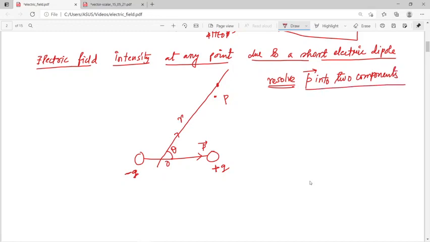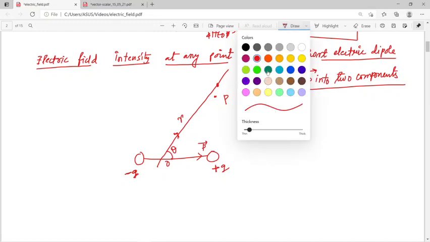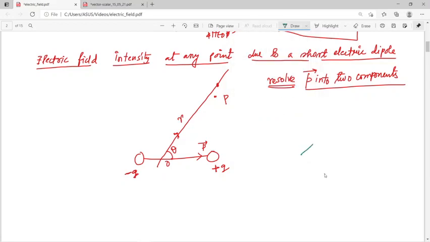One component is along this particular direction. By vector analysis, if this is p and this is theta, then that component is p cos theta, and the perpendicular component is p sine theta. Is it clear? When we break the vector p into two components, one is p cos theta and the perpendicular one is p sine theta.